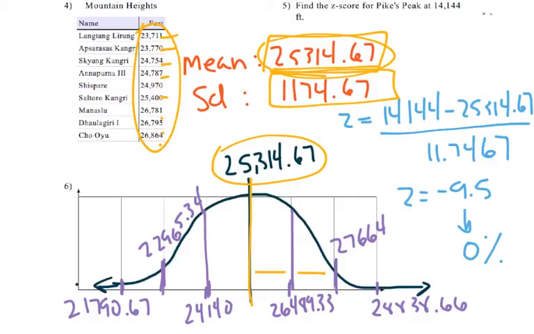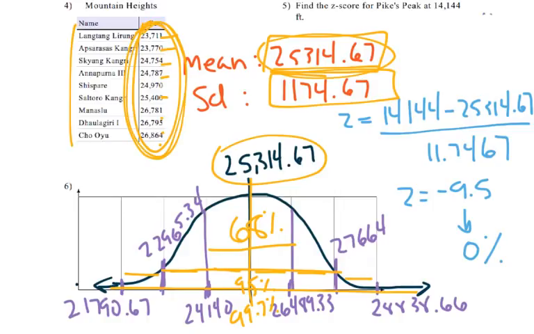So we added that standard deviation and subtracted to get those other numbers. So remember, between those two, that's one standard deviation away, that's 68%. Between two standard deviations away, that's 95%. And between three standard deviations, that was 99.7%. So pretty much 100%.